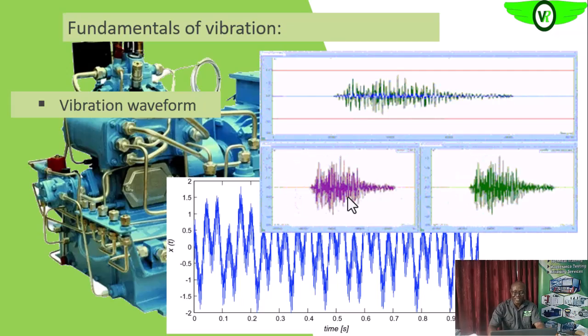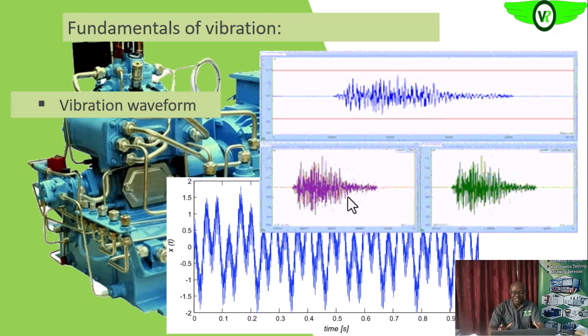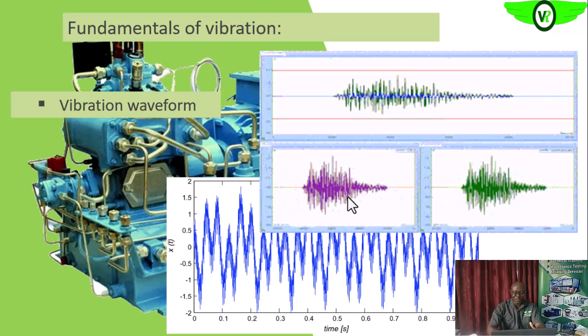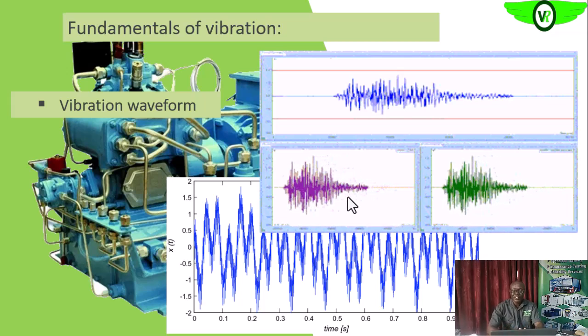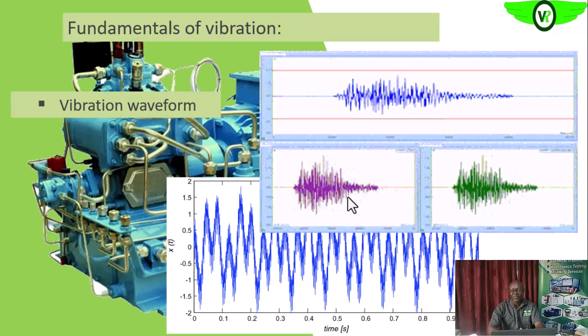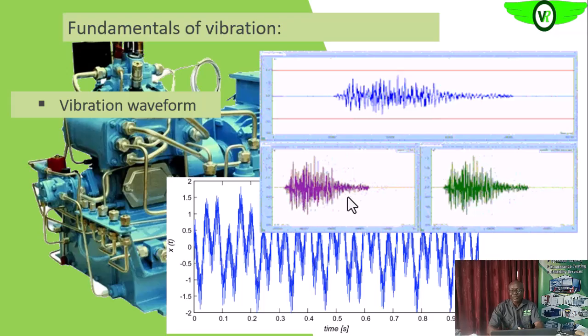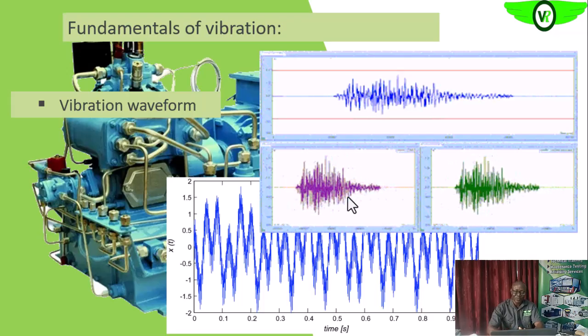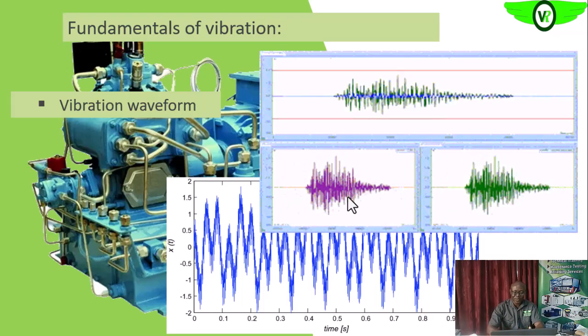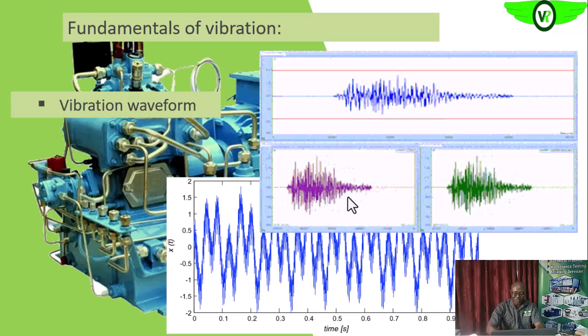Like we said in the earlier section, fast Fourier transformation can be carried out on this waveform to convert this information into the frequency spectrum, or the vibration spectrum.